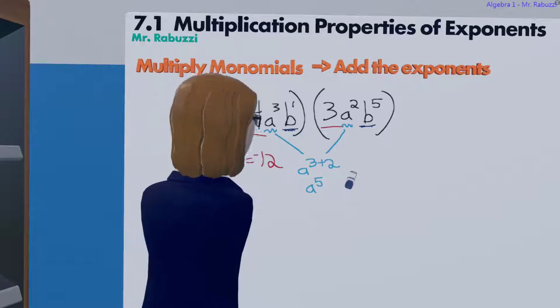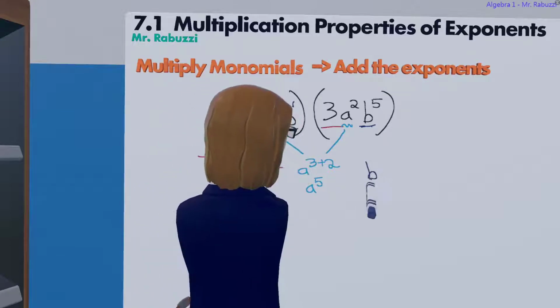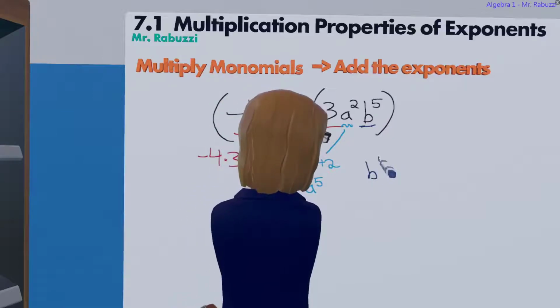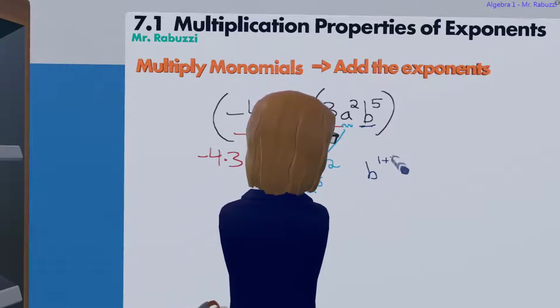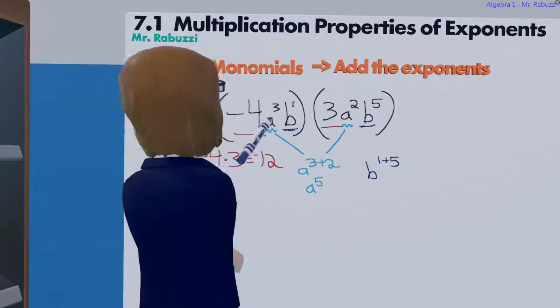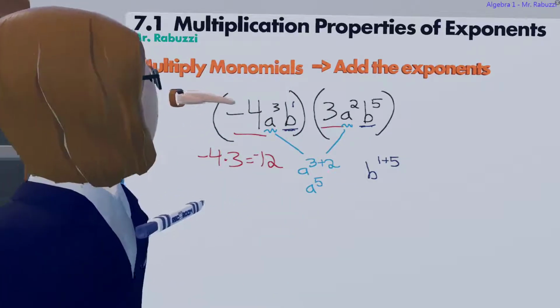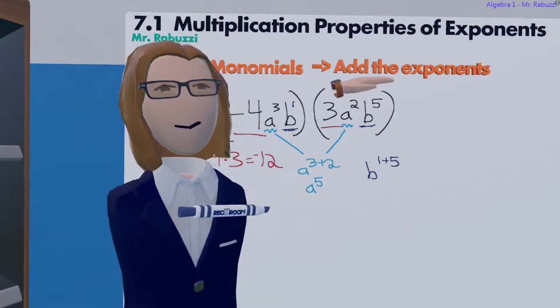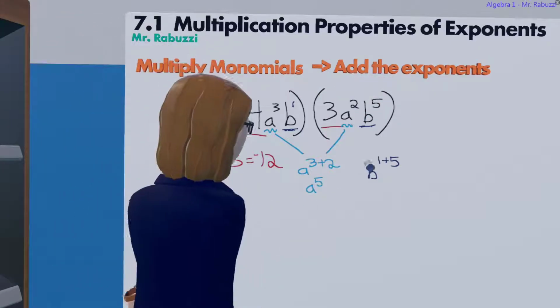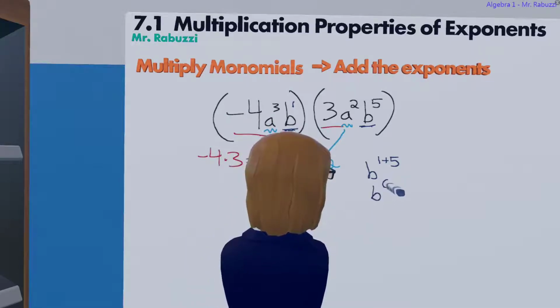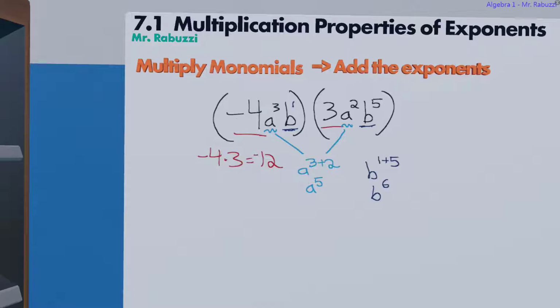Okay, so we're going to get b, 1 plus 5, because when we multiply monomials, the b and the b are multiplying, so the exponents get added instead. 1 plus 5, so we have b to the 6.